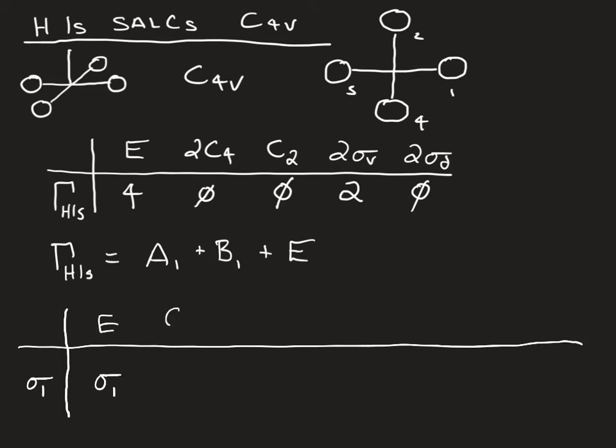With a C4, this rotates into your sigma 2. So goes to sigma 2. With the C4 cubed, the other member of that class, it rotates all the way over to sigma 4. C2 rotates to sigma 3.